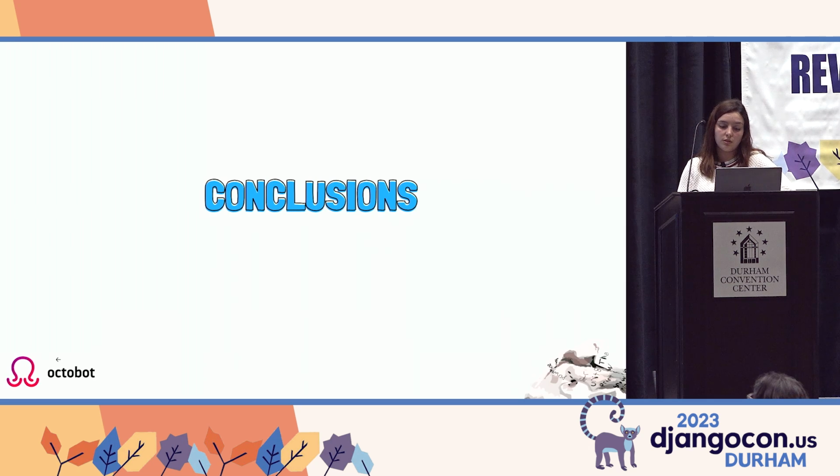And as a conclusion, well, there are a lot of conclusions. First of all, graph databases are the best way to explore the relationships between entities. It's much more intuitive to use this for this purpose than an SQL database.